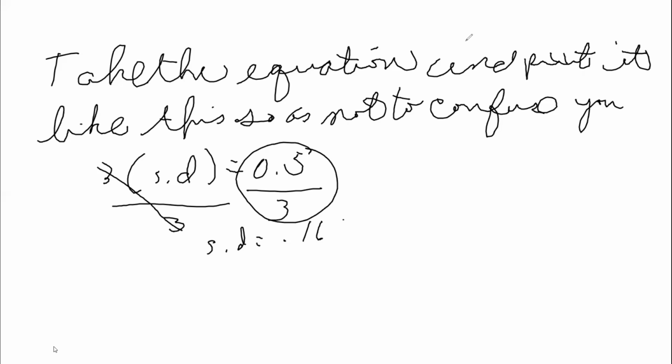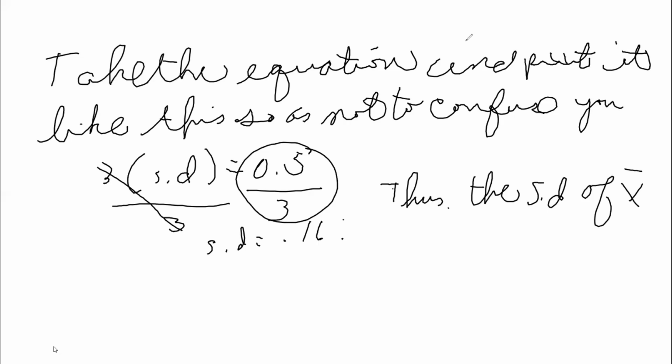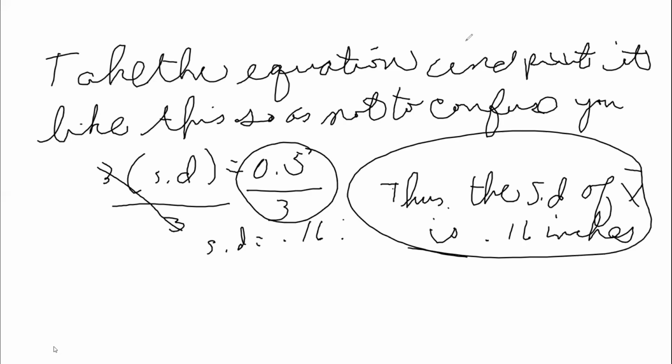So the answer is, thus, the standard deviation of our averages is 0.16 inches. So now we know that's going to be our standard deviation for our problem with these guys.